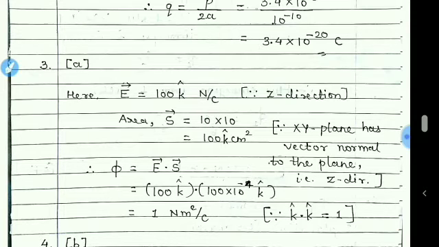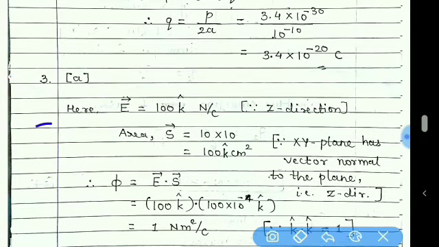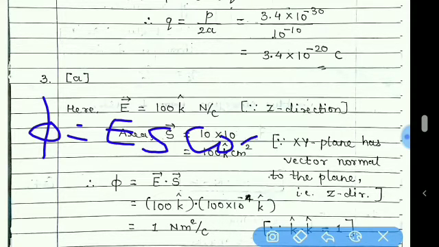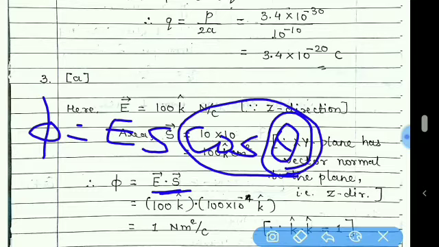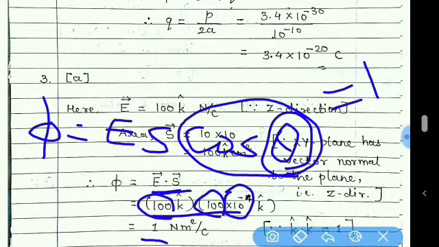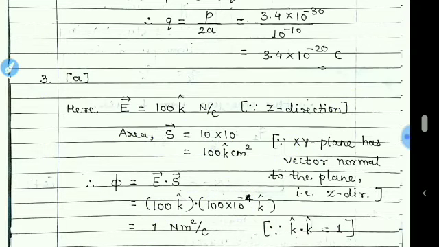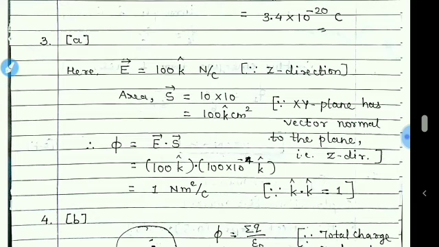Or you can also solve this as flux phi is equal to E S cos theta. Now what is theta here? As these two vectors are in the same direction, theta is 0, and so cos theta will be equal to 1. So cos theta is 1, and 100 into 100, that is 10 raised to 4, into 10 raised to minus 4 will give you 1. So 1 into 1 is 1. So you can solve in this way. I hope you can understand this.